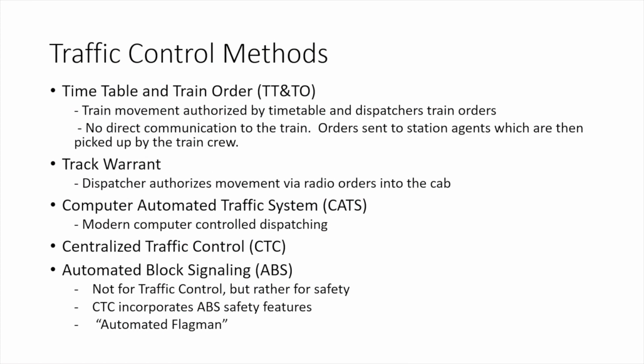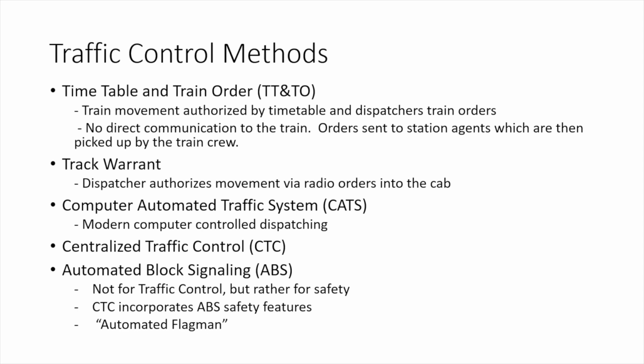Let's first quickly talk about the various traffic control methods that are used by the railroads and also are found on model railroads. The first type is timetable and train order. This was used in the classic era. In timetable and train order, train movement is authorized by the employee timetable and can be modified and augmented through dispatcher's train orders.